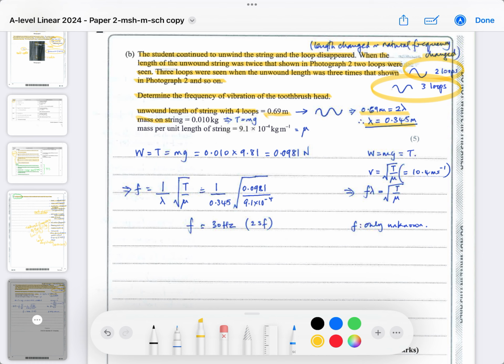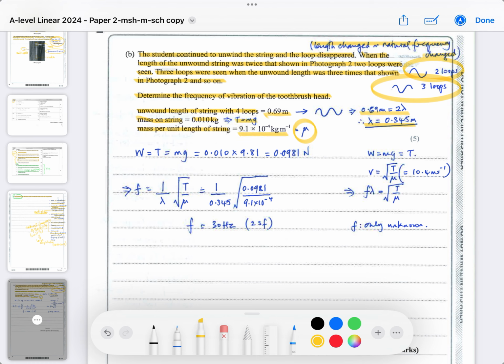The mass on the string was 0.01 kilograms to 2 significant figures, and therefore we know the tension because the mass is producing tension. And the other thing you need to know for the year 12 content is the mass per unit length of the string. Mu, this letter mu, is needed as kilograms per meter.